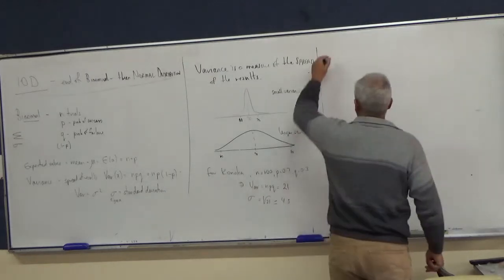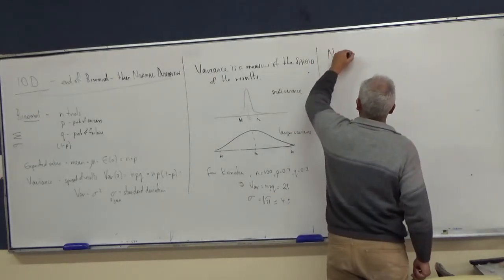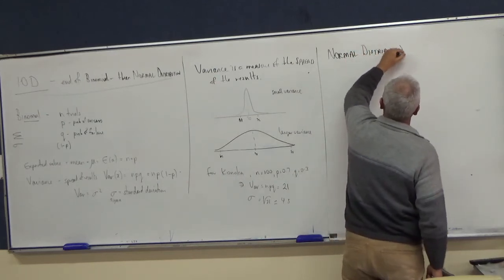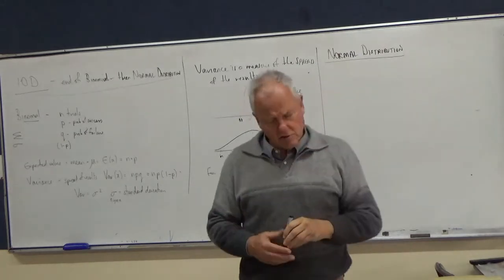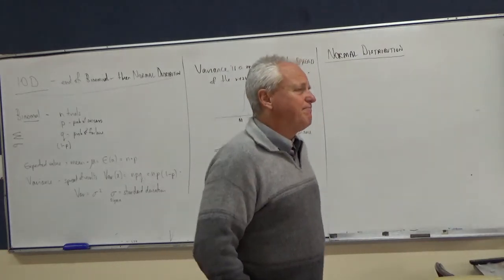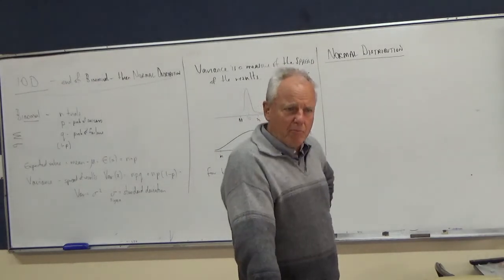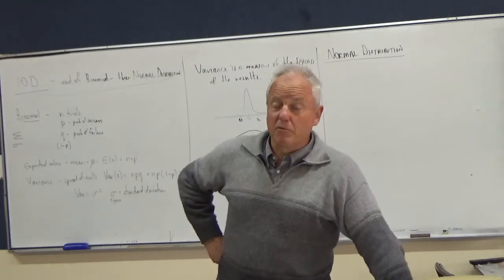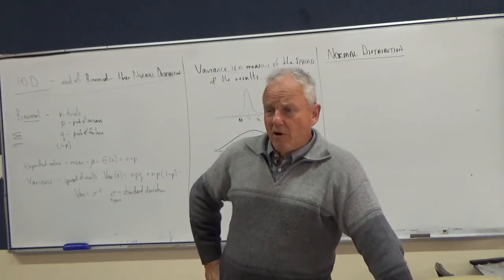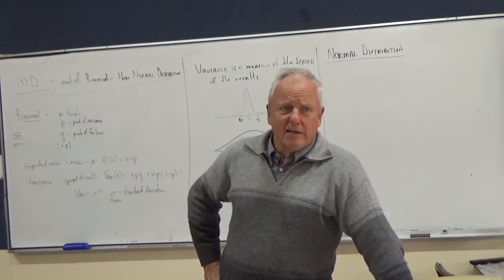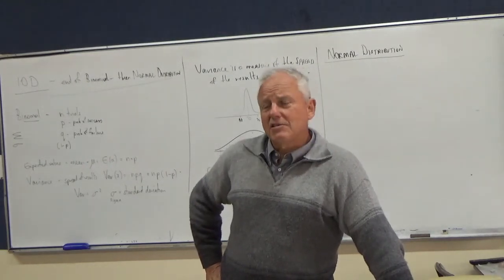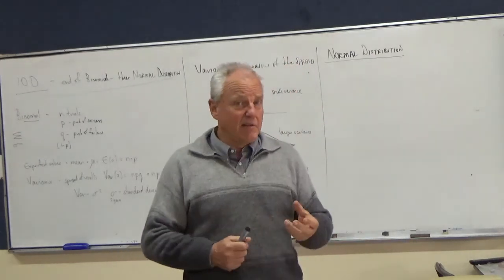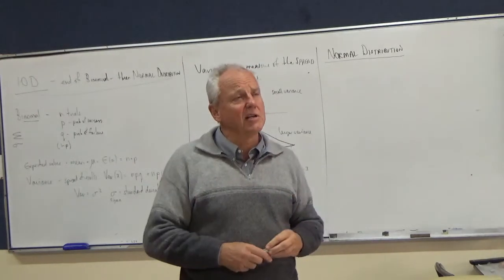Okay, normal distribution. This is used in lots and lots of situations. If you've got a big enough population, this might be something like the heights of people in Australia. It might be the mass distribution of things coming from a factory, where they're not all exactly the same, but there's a bit of variation.